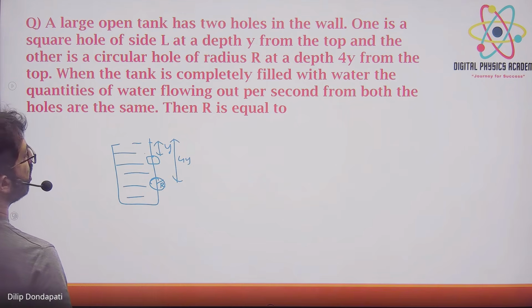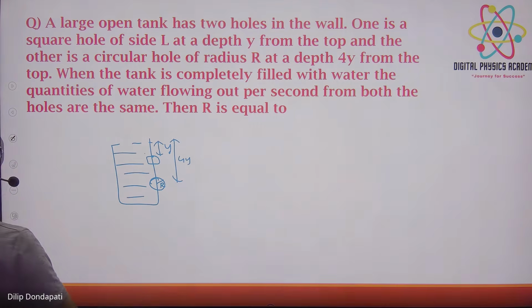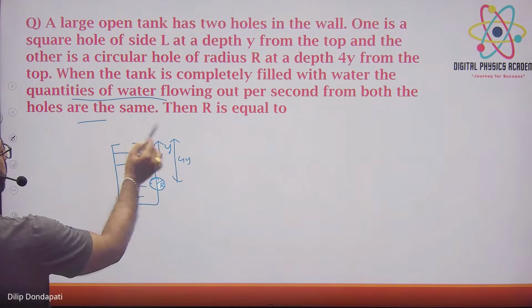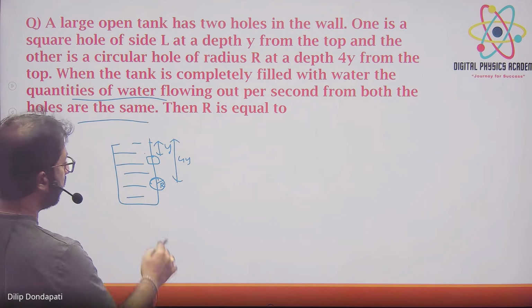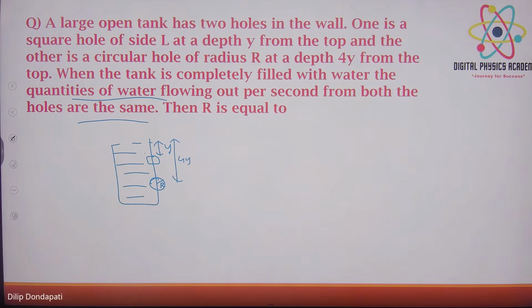When the tank is completely filled with water, the quantities of water flowing per second from both holes are the same. So rate of flow is same in both. Then what is the radius of the circular hole?